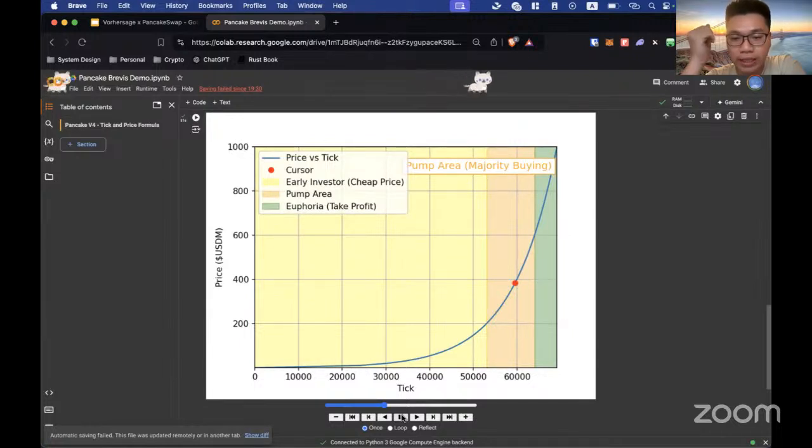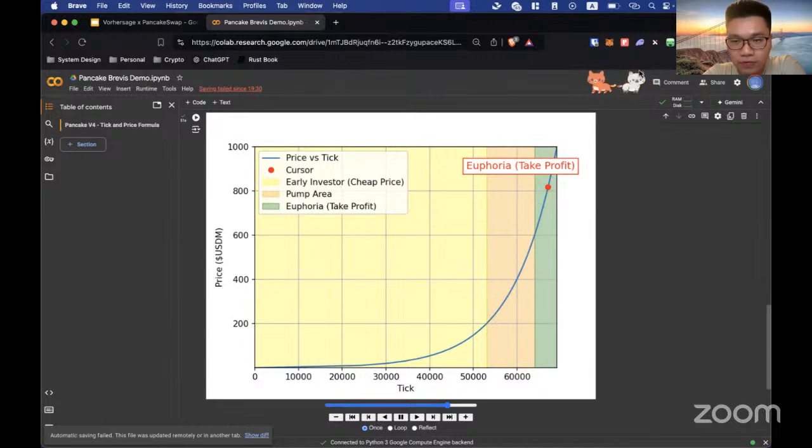And when the green area happens, it's a perfect time for those early believers to be rewarded exponentially, compared to the order book system, where the maximum profit you can get is basically $1. So using our AMM model, we are able to incentivize those early adopters exponentially, as they should be, for their early belief in the market.